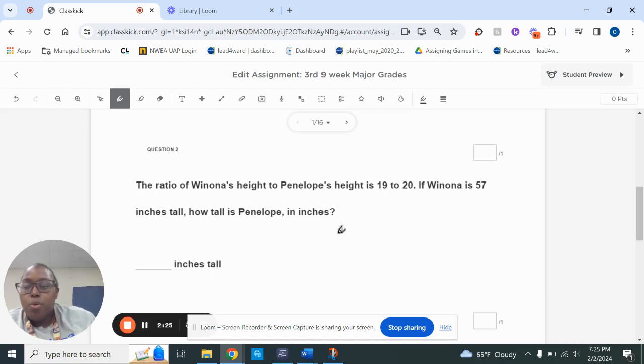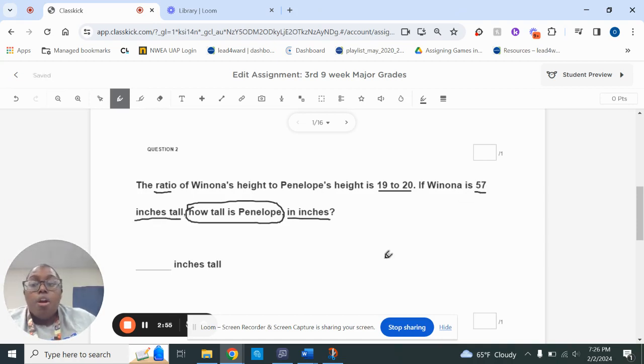So, let's determine what we're trying to find. How tall is Penelope? Very important, it has to be in inches. So, looking at the height, we have a ratio, which is this, and then we know Wiona is 57 inches tall.